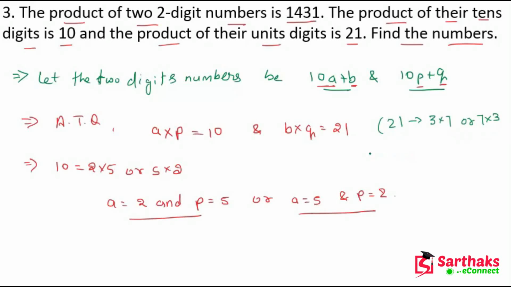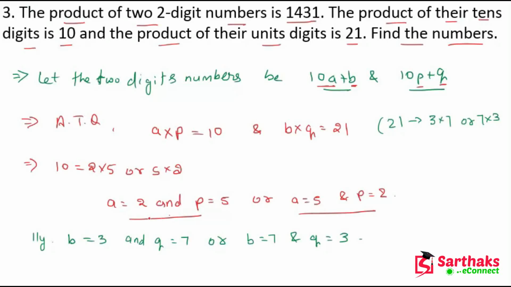Similarly, b is 3 and q is 7, or if b is 7 then q is 3. Understand, my dear friends? I hope you get this point.